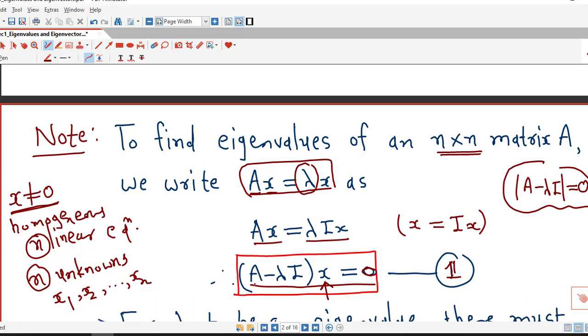So here the coefficient matrix is A minus lambda I. So for this x to be an eigenvector of the given matrix, we must have the determinant of A minus lambda I equal to 0.